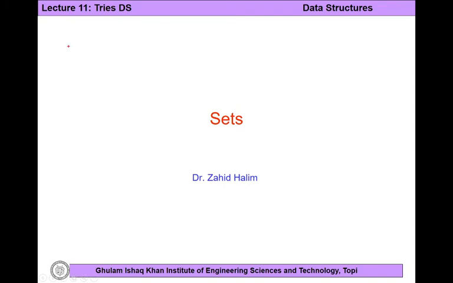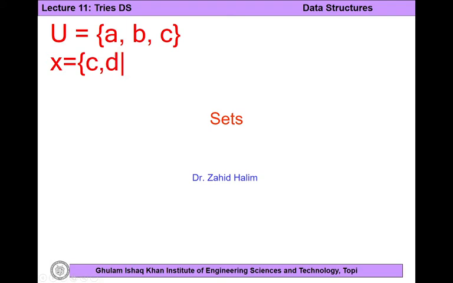For example, if we have a set named u, which is equal to a, b, c, so this is a set, and we have another set x which is equal to c, d, right? So we are talking about such sets.